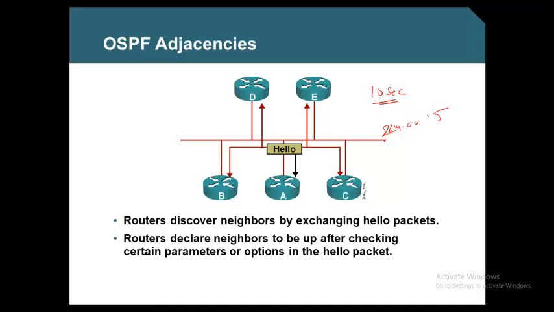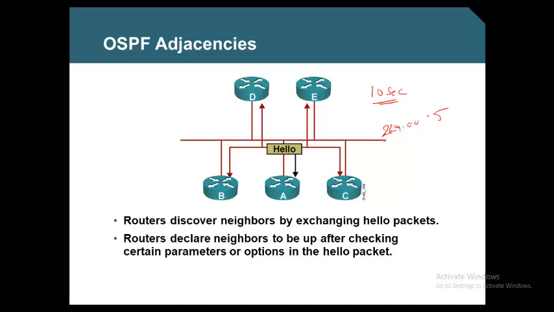Other things like subnet should match, authentication type, authentication string, stub. This all should match. But if someone does not know this one simple point, area ID should match, that's very difficult to accept for an engineer. Area ID must match to form a neighbor.